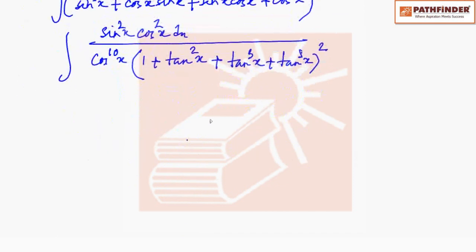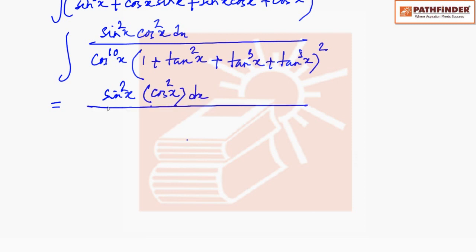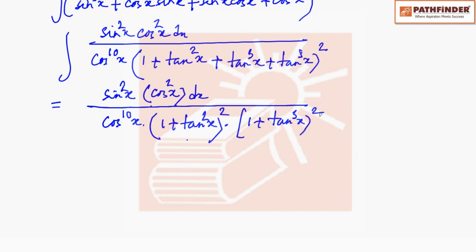Now if we go on solving, we are getting sin square x into cos square x dx divided by cos to the power 10x into (1 plus tan square x) whole square into (1 plus tan cube x) whole square.